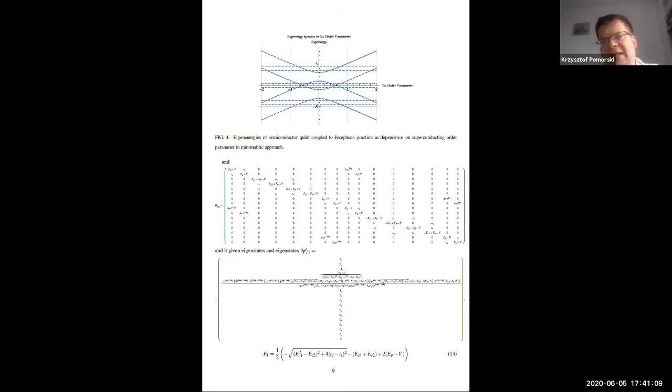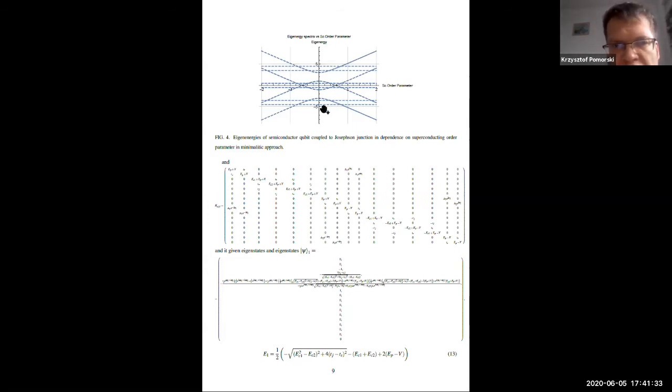How to translate this? We have such a situation. There is a modulus delta, and you see that there are some ground states, states of the lowest energy, for a very small superconducting order parameter.